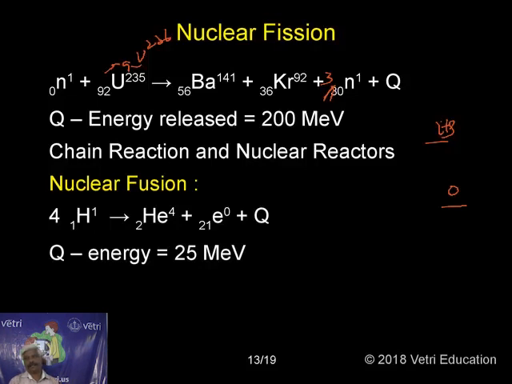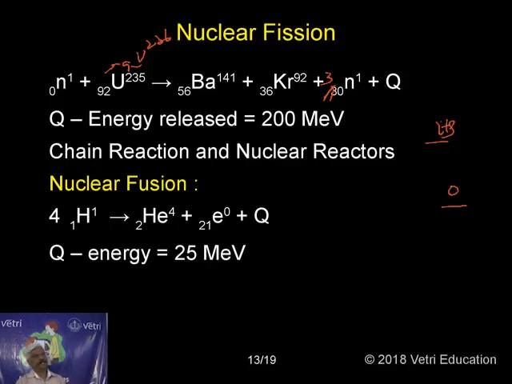Uranium-236, with the bombardment of neutrons, splits up into barium and krypton with emission of neutrons, and the neutrons again bombard, so the reaction continues. That reaction is called a chain reaction, and in each and every reaction a large amount of energy is released. This energy was used for destructive purposes.